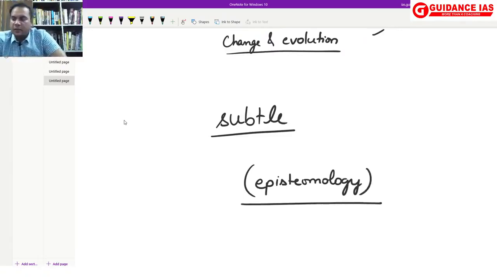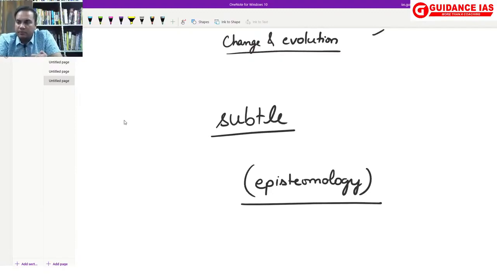What we call the theory of knowledge is referred to as epistemology.